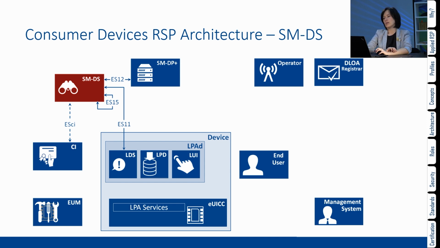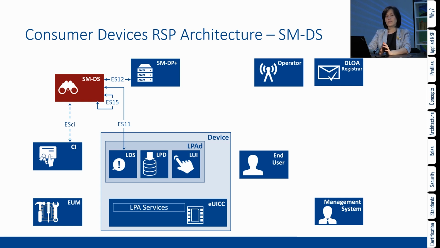Okay, and here you can see for sure the interface for the security to the CI, which is not defined, but it's meant that there are some security configurations on the SMDS. Then we have the ES12 interface to communicate with SMDP+. We have the ES11 interface to communicate with the LPA, or the LDS actually.